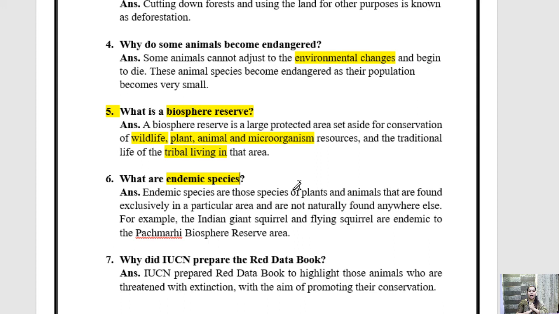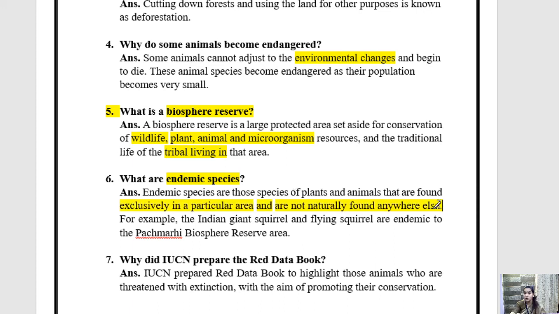All right. So the endemic species are those species of plants and animals that are found exclusively in a particular area. Children, in this answer, this term is important: exclusively in a particular area and not naturally found anywhere else.